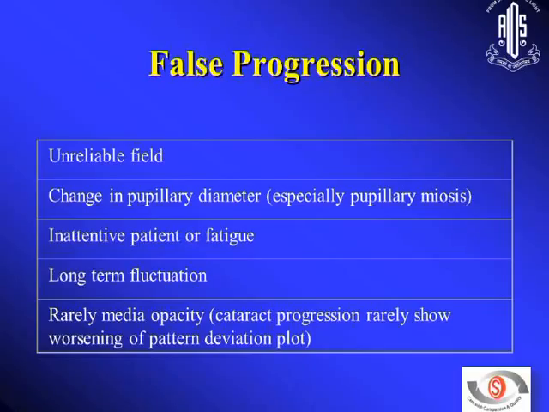Then there are lots of false progressions: unreliable field, changed pupillary diameter, patient's fatigue, inattention, long-term fluctuations, media opacity. All these things you have to keep in mind when you are looking at visual field. So in isolation, visual field is very important, but you may miss some of the progression if you are looking only at visual field.